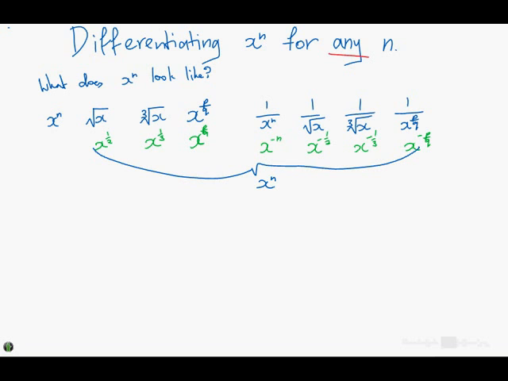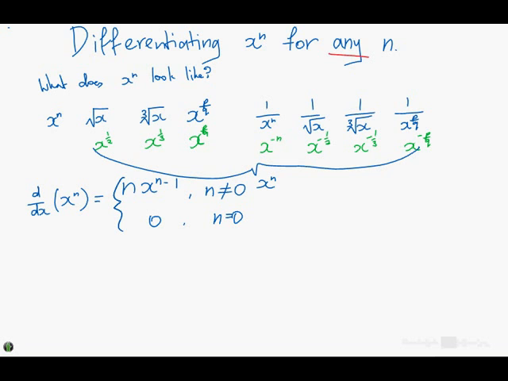Okay, now that we've got this straight, I'm going to tell you that the way you differentiate these is all the same. Really simple. And I'm going to write a simple formula here. It goes like this. This d/dx just means derivative. The derivative of x to the power of n is equal to n times x to the power of n minus 1, for n not equal to 0, or just equal to 0 if n equals 0.